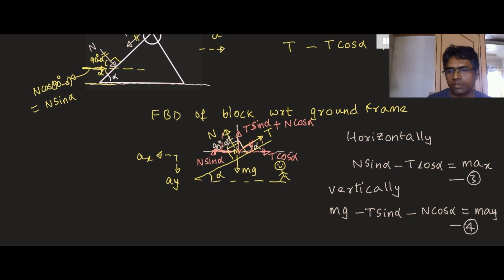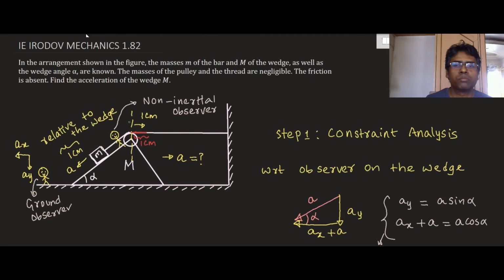Now let's look at how many unknowns we have. Let's mark the unknowns here. We don't know ay, so that's one unknown. We don't know a, that's another unknown. And from here even ax is not known.